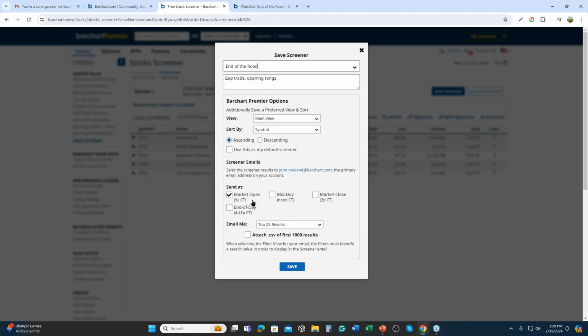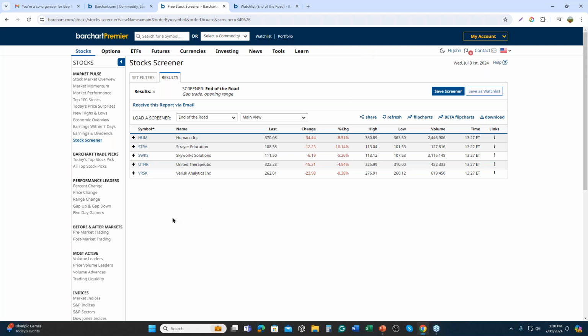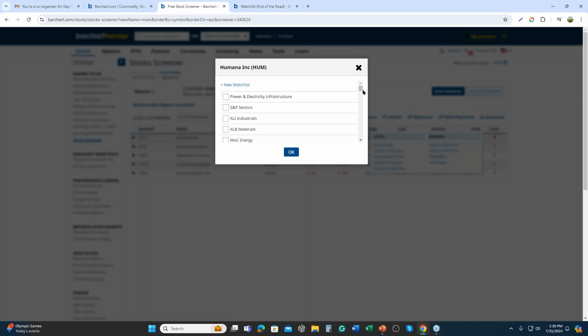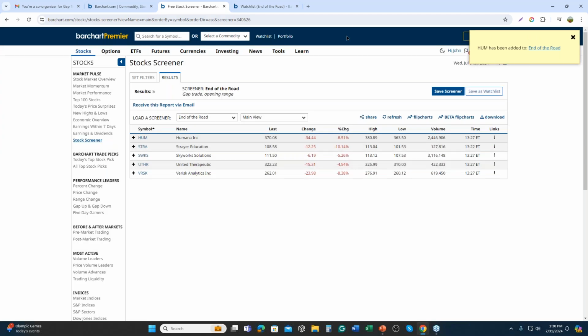So I can look at these potential candidates for doing some kind of gap and go trades, or I can start adding them to my watch list. I can just come over here in links, add to watch list, and you can see that we could add Humana to our end of the road watch list. Okay, so that's how we can find candidates.